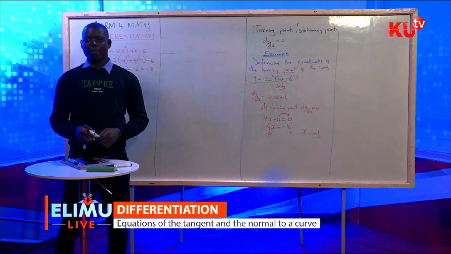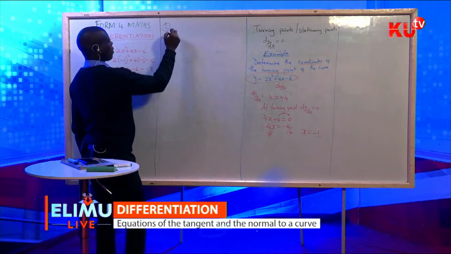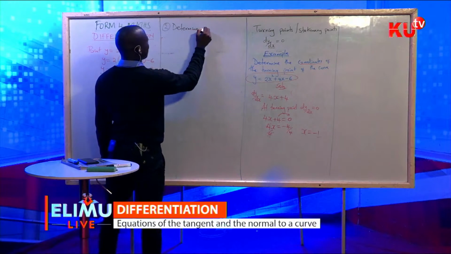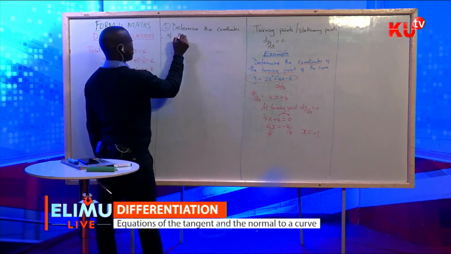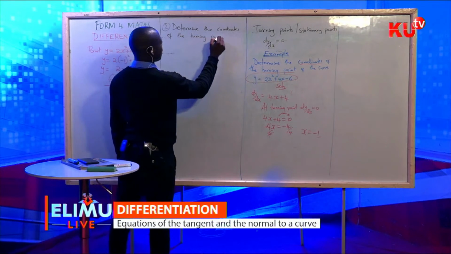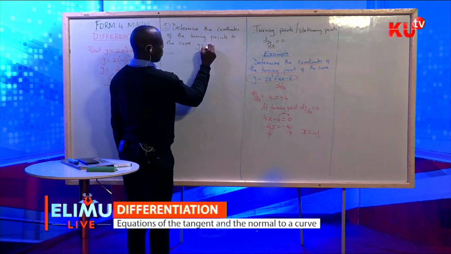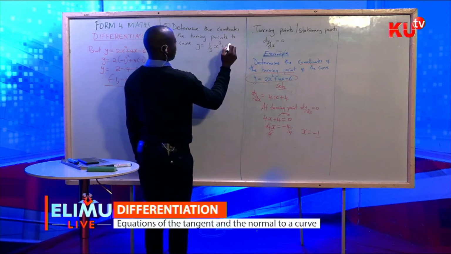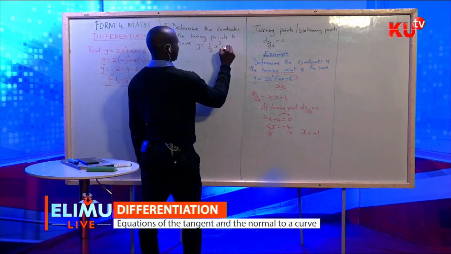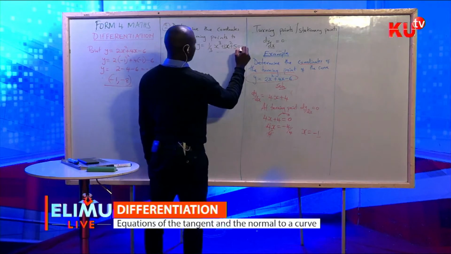So we can look at other examples. We can look at the other example, number 2. Determine the coordinates of the turning points to the curve y is equals to a third x cubed plus 3x squared plus 5x. Then dy dx is 3x squared plus 5 is equals to 0.